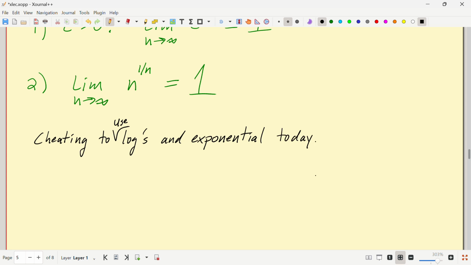And I don't want to get too bogged down in it. So the book cleverly uses Bernoulli's inequality, which is something from the section on math induction, really.